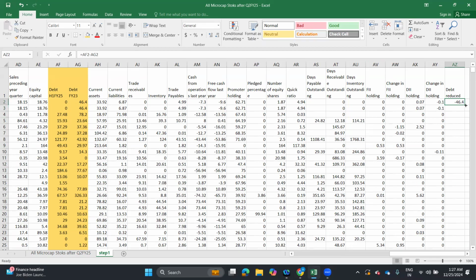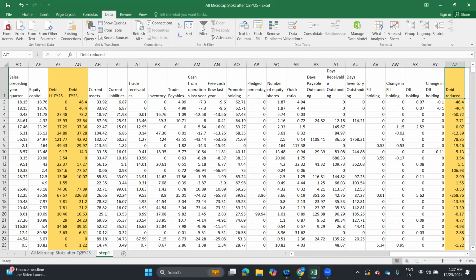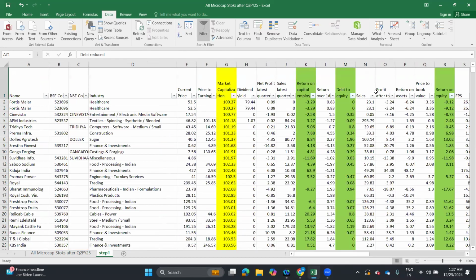So let me find out who has reduced debt, who has increased debt. Okay, so this newly produced column is ready, right? Let me also color this in the same manner. And now let me put the filter and check which company has reduced its debt. Correct?